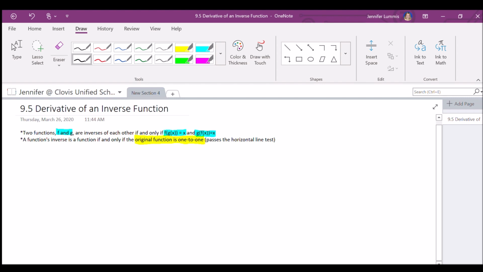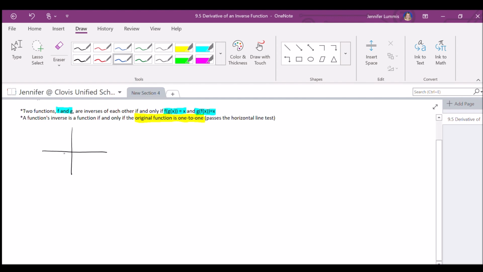Okay, so let's talk about the one-to-one here. We'll take a graph like the line y equals x, which is a function itself. Let's call this f of x.